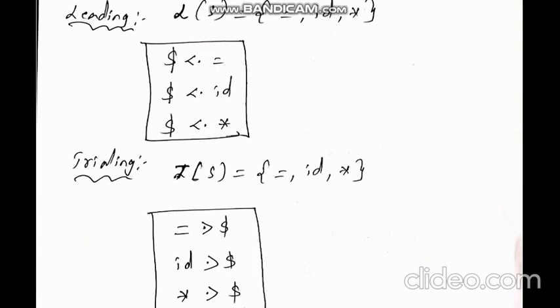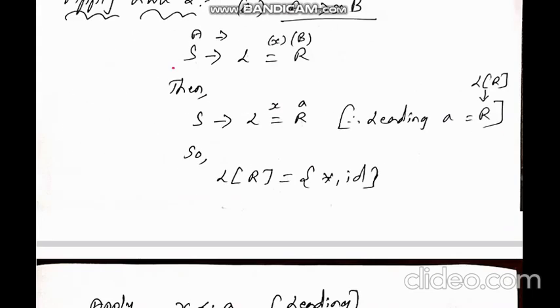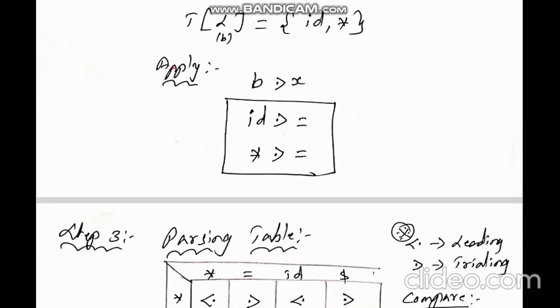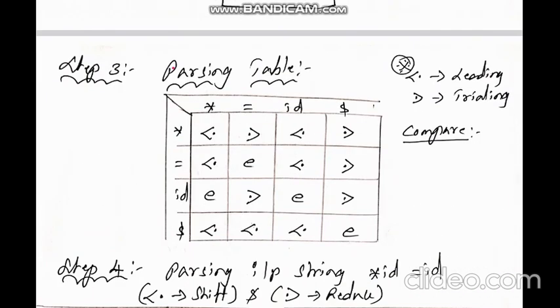See here, we have dollar, we have equal to, we have id, we have asterisk. Other than this, if you find any symbol that is a terminal term, you can rewrite that here, right? So I have taken all these things and rewritten them here. You can check it. First I have written asterisk, second is equal to, id and dollar.